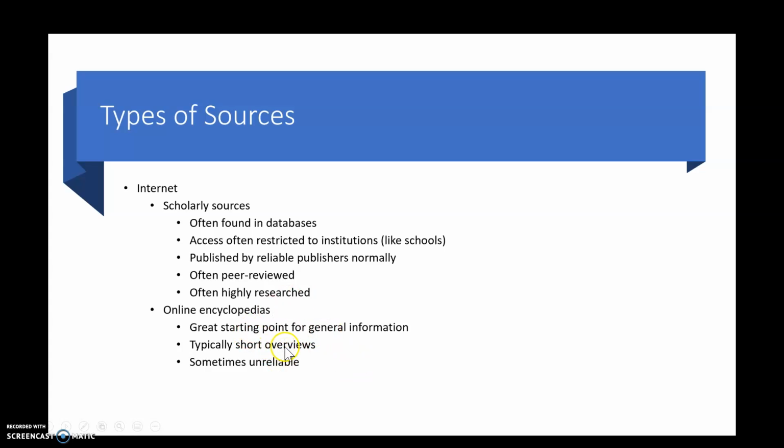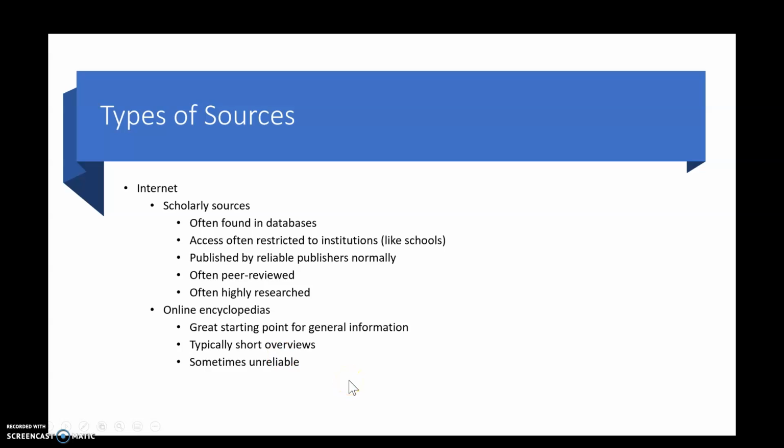Now, should you use Wikipedia in your research paper? No, you should not. It is viewed as less reputable. It is viewed as something that anyone can change, even though they do now have a lot of control on there. The perception is the big problem there. They also tend to be pretty short overviews of information rather than really in-depth analysis, and they can be unreliable.